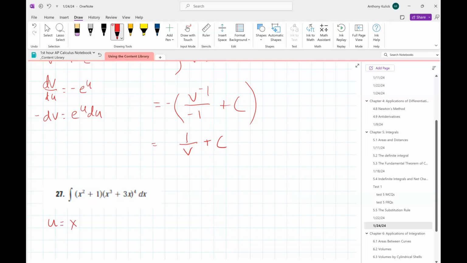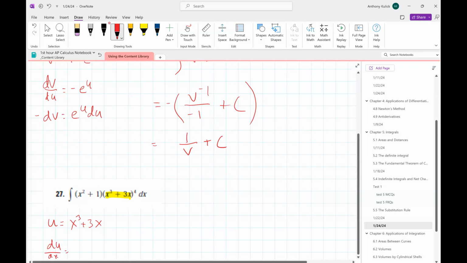Yeah, definitely would be. And you like that one because you see it's nested inside of that fourth power, right? Okay, so our derivative then is going to be 3x squared plus 3.